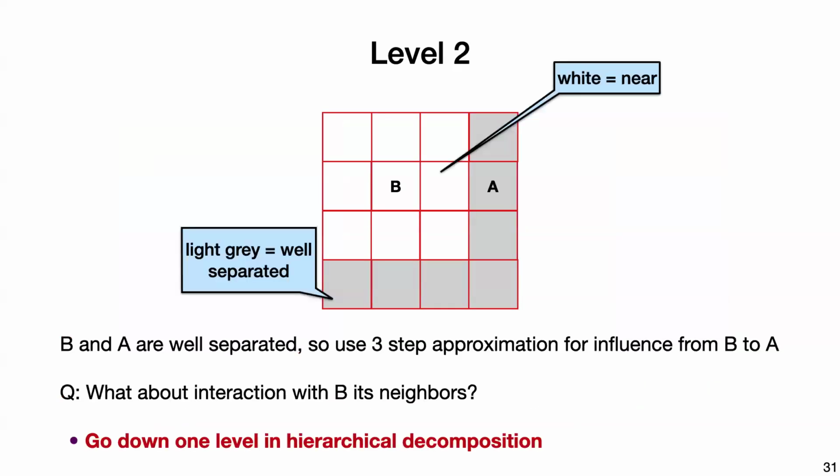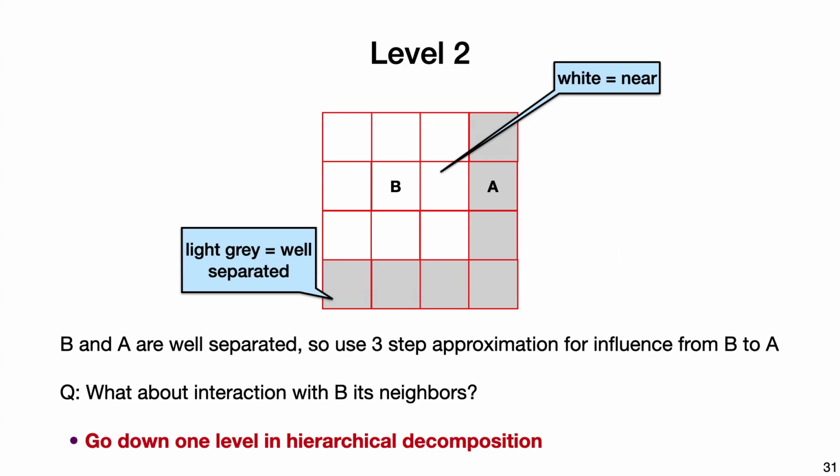However, things start to happen at level 2. Suppose that we're considering the force of B onto A. And here white is near to B and gray is far with respect to B. So we can use this 3-step approximation for B onto A. And actually we can use the 3-step approximation from B onto all these light gray boxes, because those are considered well separated.